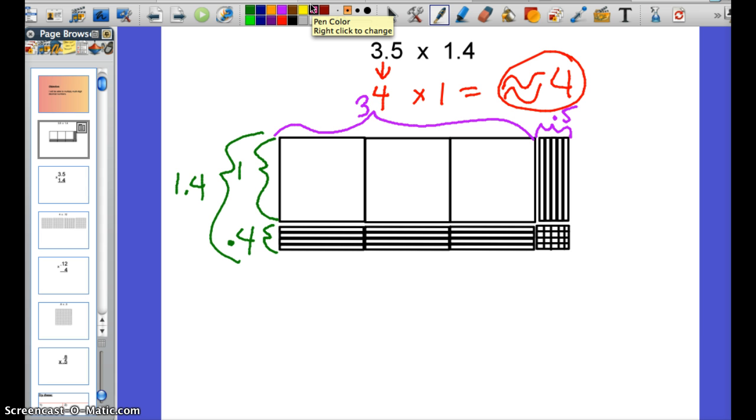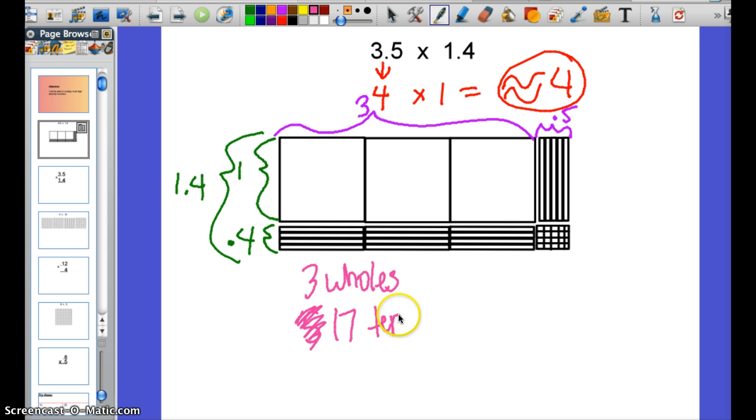So now in our answer, we have 3 wholes. We have 1, 2, 3, 4, 5, 3 times 4 is 12, and then 1, 2, 3, 4, 5. So 12 and 5, 17 tenths, which is all of this, right? This right here and this are all of our tenths.